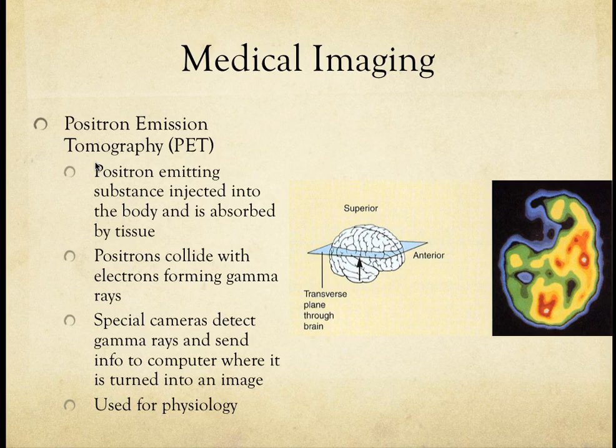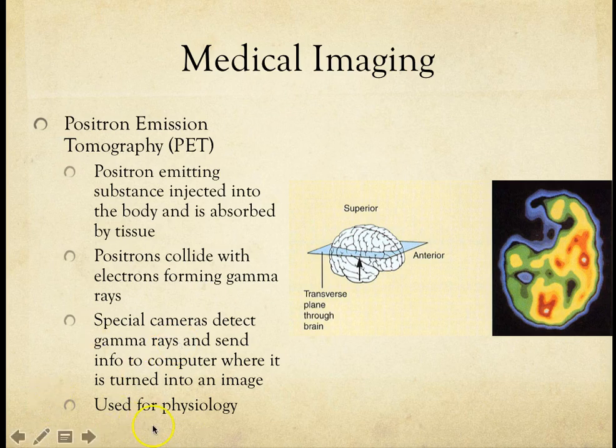So theoretically, and this is actually true, the cells that are more metabolically active are going to use more glucose, right? So the ones that are really active are going to light up on the screen. Okay, so anyway, these tissues will take in this positron-emitting glucose. Those positrons collide with electrons and they form gamma rays. And then again, you have the special cameras and the computer that then interpret that image.